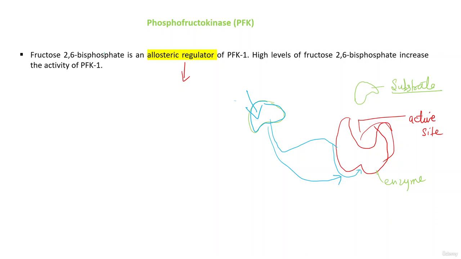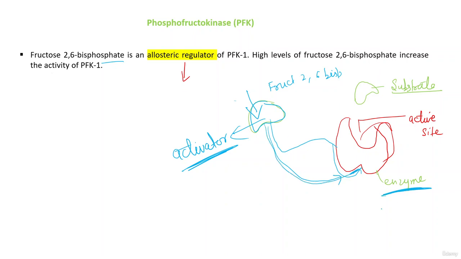Fructose 2,6 bisphosphate increases the activity of PFK-1, so it is acting as an activator here. So this is an allosteric activator. Fructose 2,6 bisphosphate binds to the allosteric site of the enzyme PFK-1 and increases its activity.